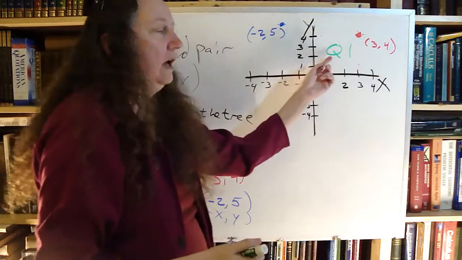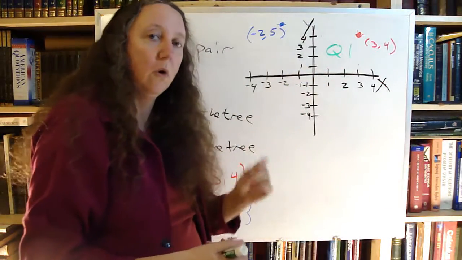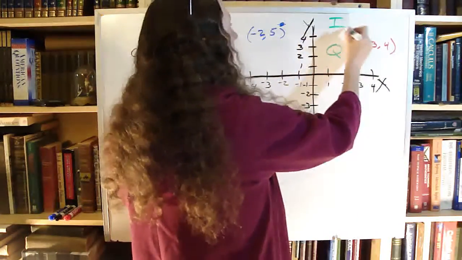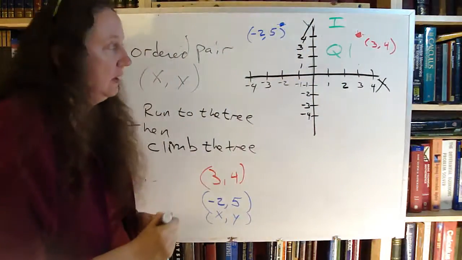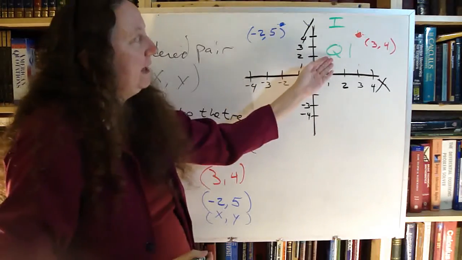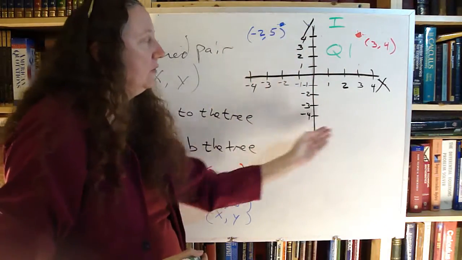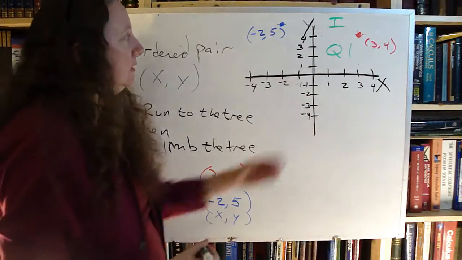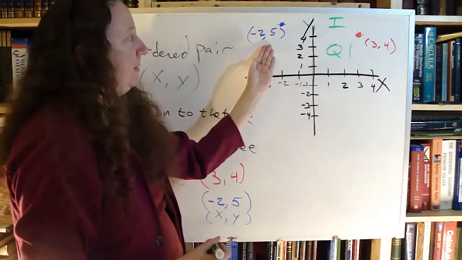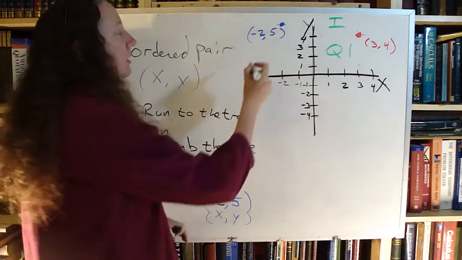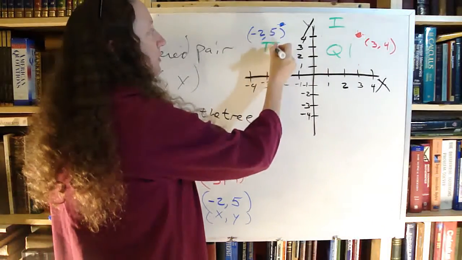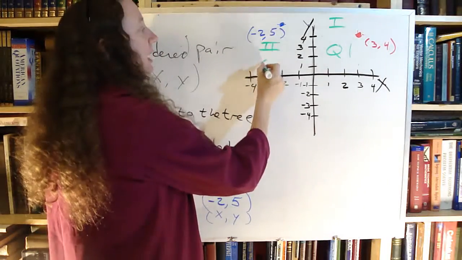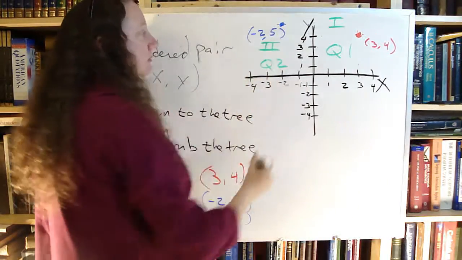You can write that as Q1, or you can use Roman numerals. And then once we find that quadrant, we count counterclockwise to find the next one. So there's my second one. I can label that with Roman numerals, or I can label it as Q2.